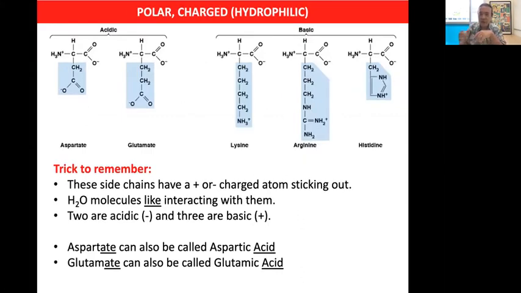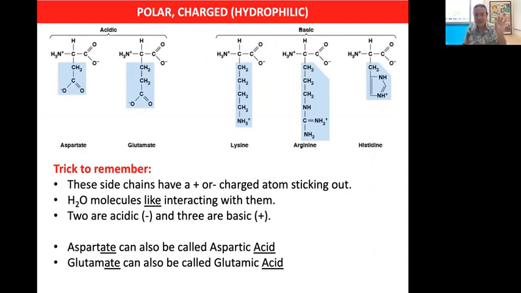The third group are polar charged side chains. So aspartate, glutamate, lysine, arginine, histidine. These side chains have a net positive or negative charged atom sticking out as part of them. You can see that in the cartoon here. As a result, water molecules like interacting with them.